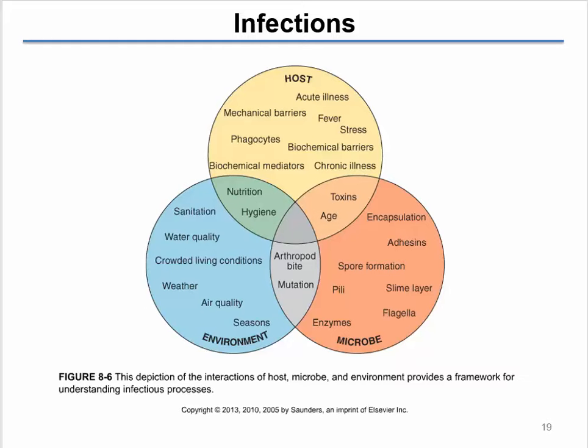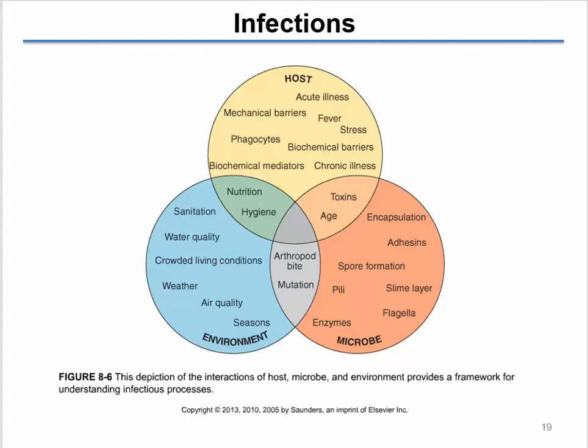Now, this Venn diagram is looking at the interaction between the microbe, the environment, and the host. A lot of things overlap. Acute illness, fever, stress, broken down mechanical barriers, lack of phagocytes, chronic illness, all are host things that predispose to infection.